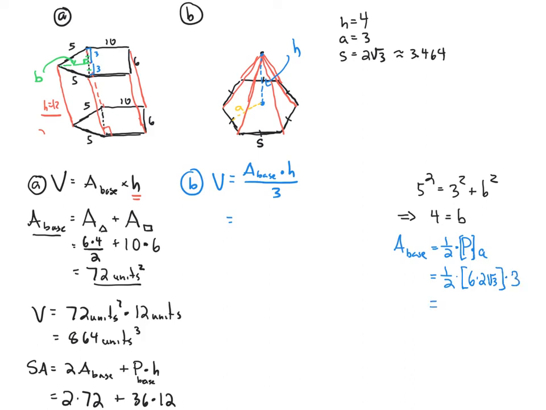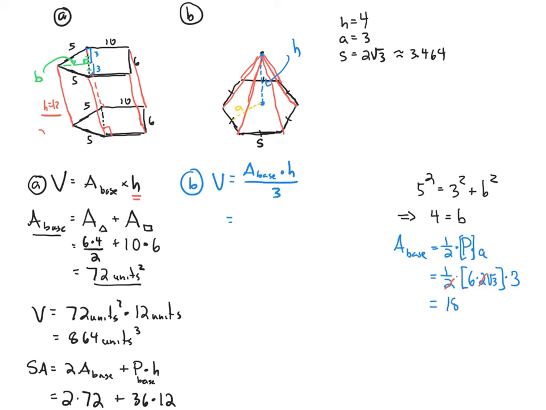So we calculate this. Let's just do a little bit of simplification here. So this half cancels with this 2 since everything's just multiplied. So I have 1 times 6, so 6 times root 3 times 3, so that is 18 times root 3.